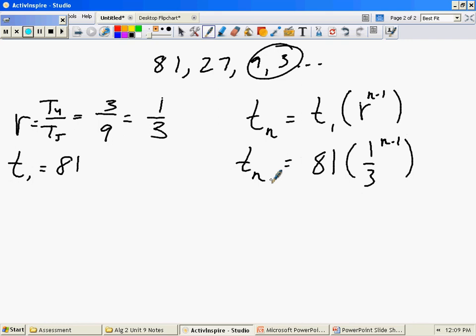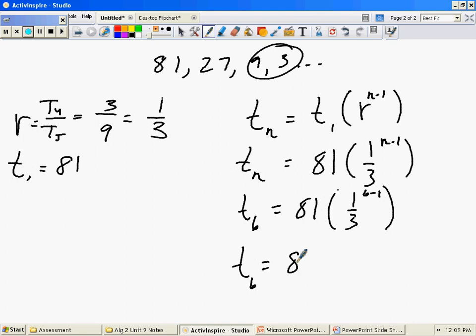Okay, well there's our nth term formula. But we're not done. It was asking for the sixth term. So what do I do now? You're going to plug 6 in. So T6 is equal to 81 times 1/3 raised to the power of 6 minus 1. 6 minus 1 is 5, so really we're just doing 1/3 to the 5th power.